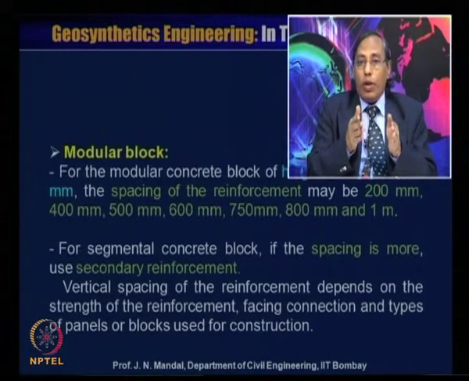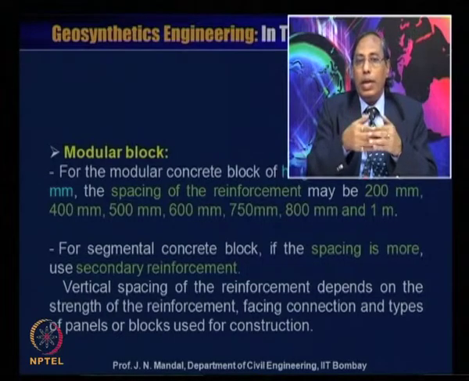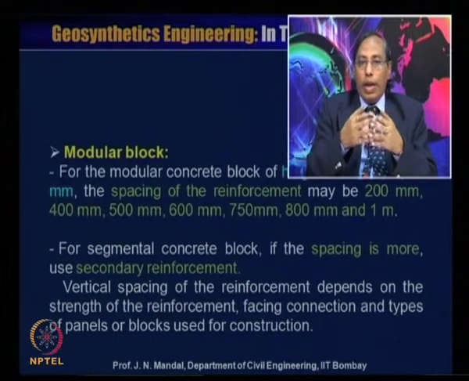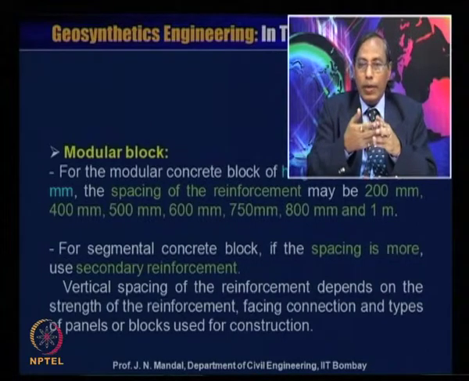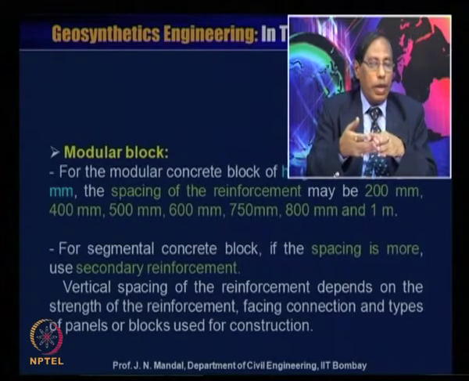Now, for segmented concrete block, if the spacing is more, then use secondary reinforcement. And the vertical spacing of the reinforcement depends on the strength of the reinforcement, the facing connection, and the type of the panel or block used for the construction.